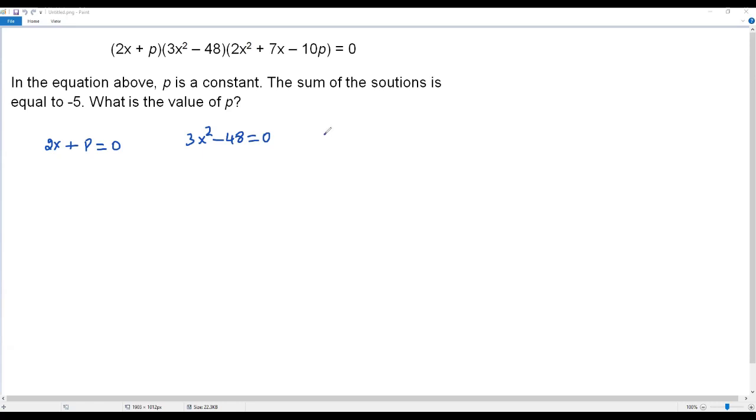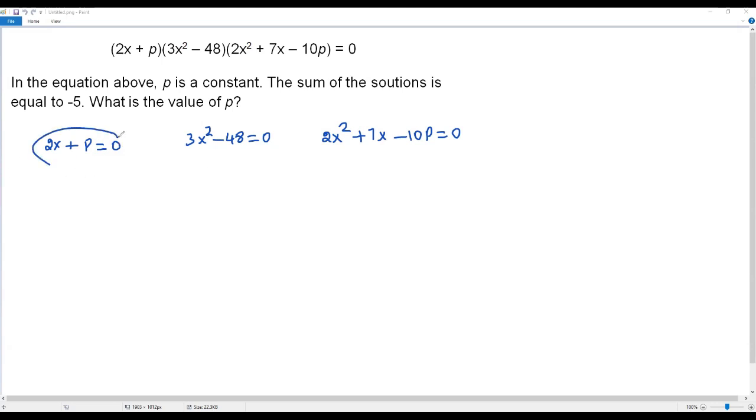And if I equate the third quantity to 0, I get 2x² + 7x − 10p = 0. Now I have three equations. If I solve the first equation, I'll get only one solution, because its degree is 1. If I solve the second equation, I'll get 2 solutions because the degree is 2. And if I solve the third one, I'll get 2 solutions. So in total, I'll get 5 solutions.